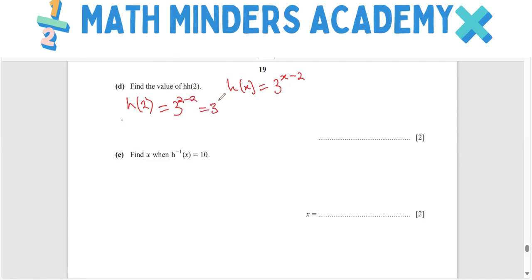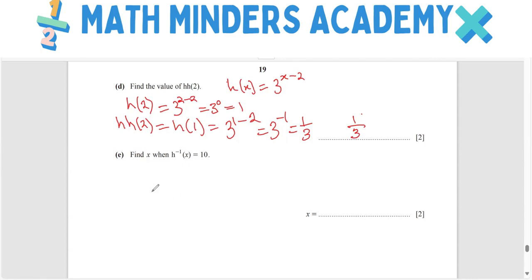That's 3 raised to the power 0, and this is 1. Then if we take h of 1, that will give us 3 raised to power 1 minus 2. And that gives us 3 raised to power minus 1. That's 1 over 3. So we enter 1 over 3 for that.